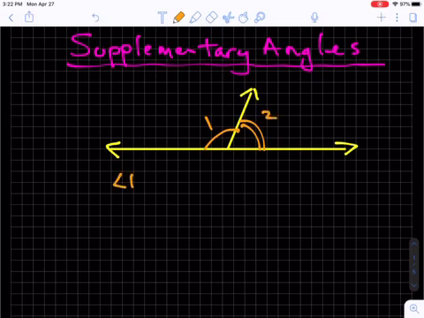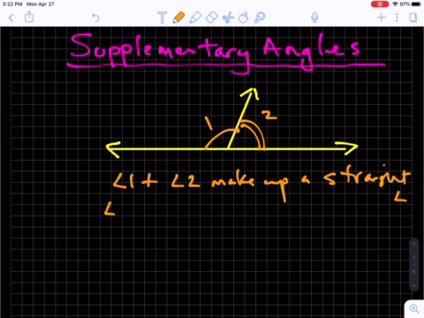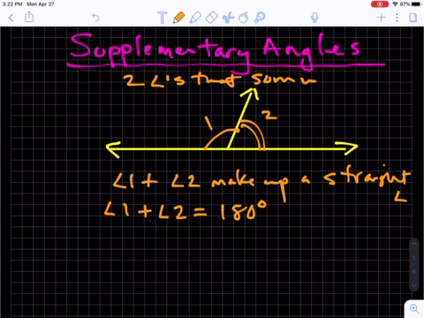So supplementary angles, angle 1 and angle 2, make up a straight angle. And what that means is angle 1 plus angle 2 equals 180 degrees. So supplementary angles are two angles that sum up to 180 degrees. So that's what a supplementary angle is.